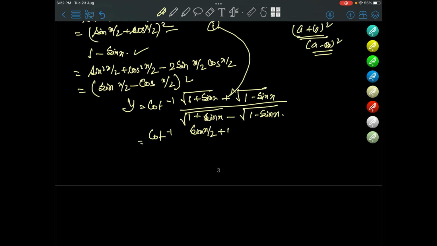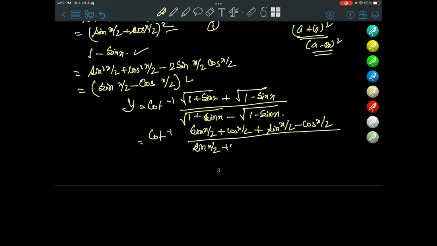So sin x by 2 plus cos x by 2 plus sin x by 2 minus cos x by 2, divided by sin x by 2 plus cos x by 2 minus sin x by 2 plus cos x by 2. The minus sin x by 2 and plus sin x by 2 will cancel out each other.